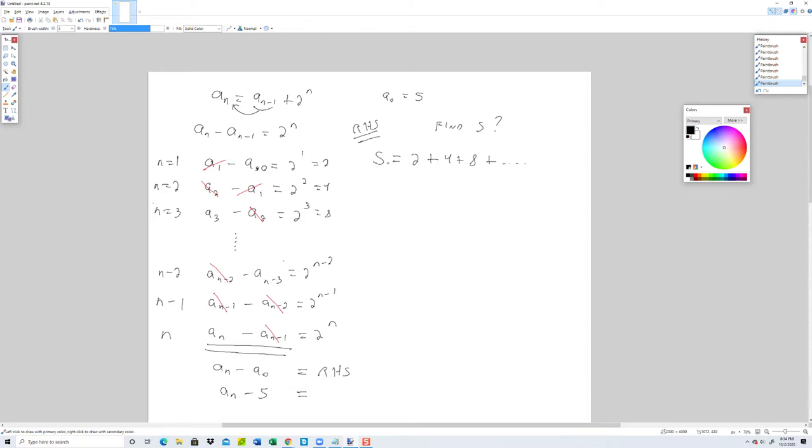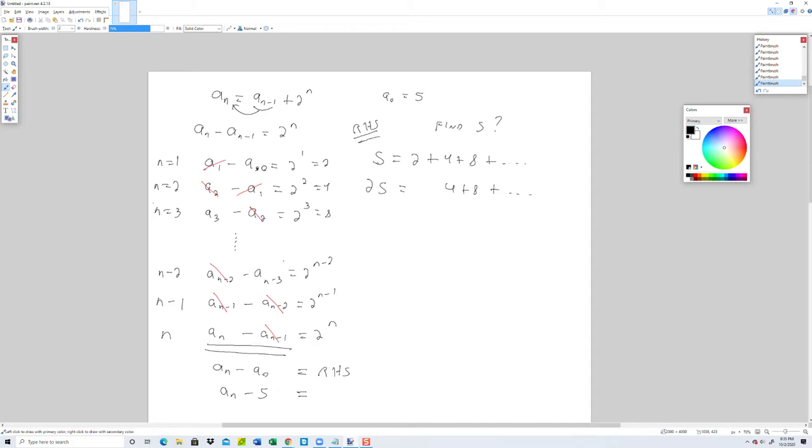Well, if I multiply everything by 2, the reason why I multiply by 2 is because I see that if you multiply this by 2, it gives me 4. You multiply this by 2, it gives me 8. So that was shifted. So that's 2S equals 4 plus 8, and then keeps going.